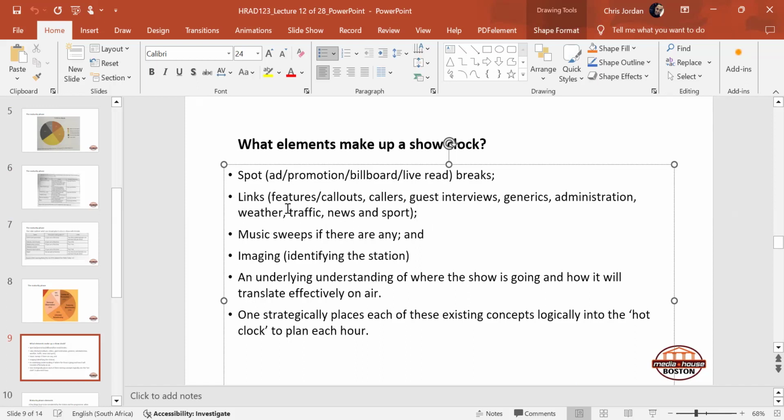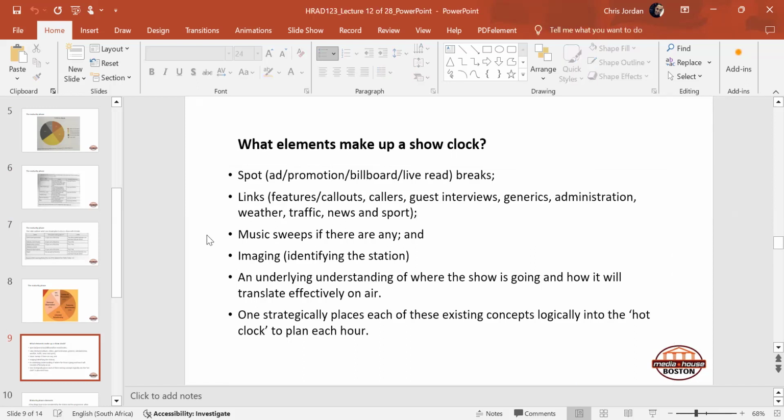Links, features, callouts, callers, guest interviews, generic links, administration links, weather, traffic, news, and sport all form part of what constitutes a link. Obviously, our music sweeps will be part of that particular hour.